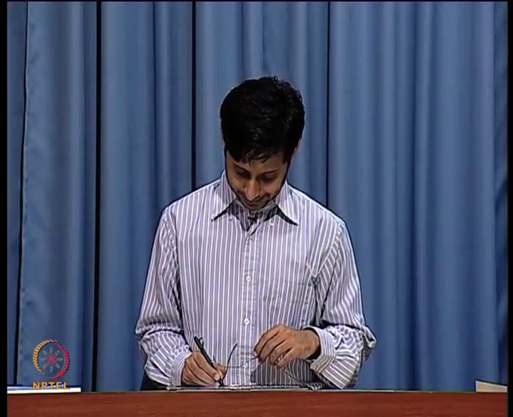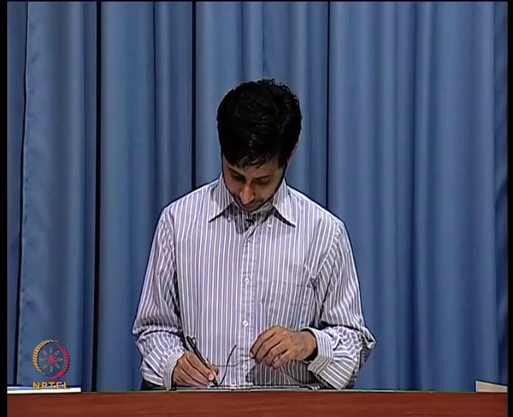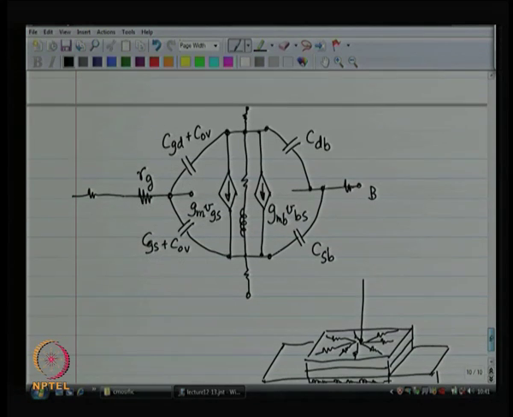So, the channel is like a transmission line. If the channel is like a transmission line, we have got to put a transmission line there, we can't just put GM and RDS and so on. All right. So, that is what we have.